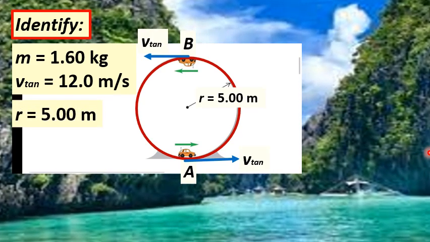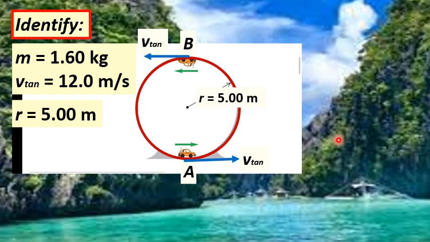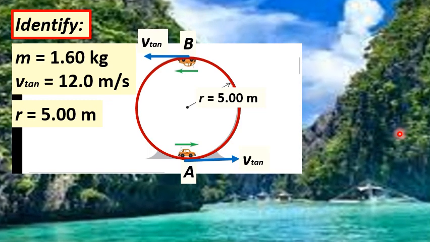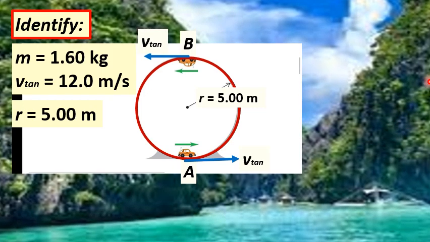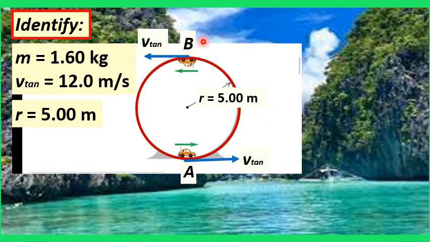We represent this constant tangential velocity with a blue arrow, right? And labeled v sub tan.